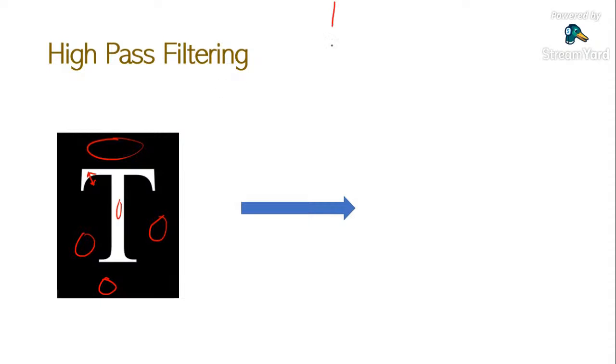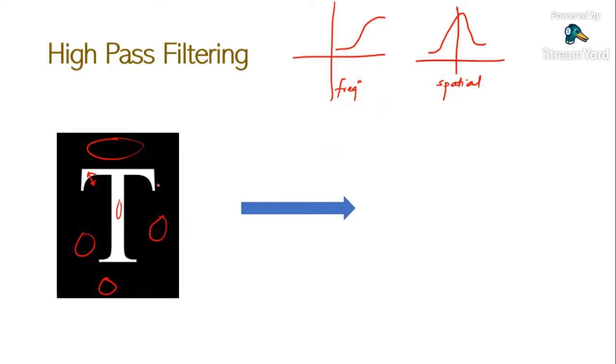So in a high pass filter, this is the frequency domain representation. Similarly, you can have the spatial domain representation. So you can have a filter like this one. If you apply the high pass filter, what happens?